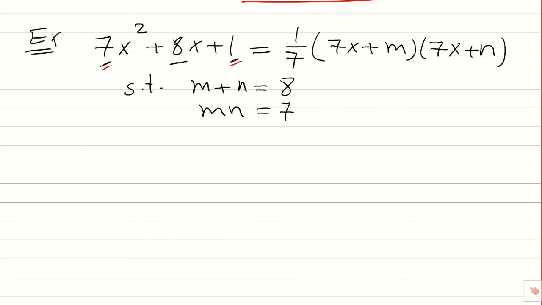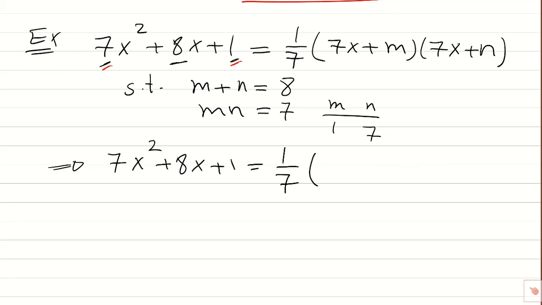Now the best option for m and n is 1 and 7, right? 1 and 7, because the sum is 8 and the product is 7. Therefore now you can write 7x squared plus 8x plus 1 is equal to 1 over 7 times (7x plus 1) times (7x plus 7).